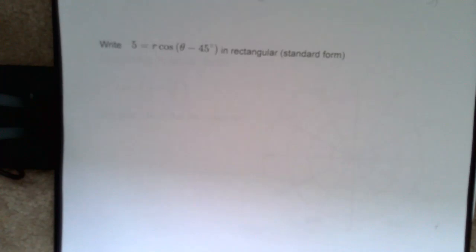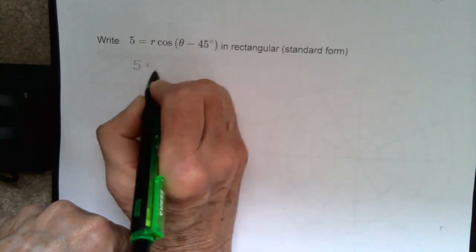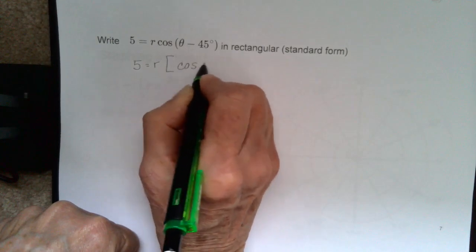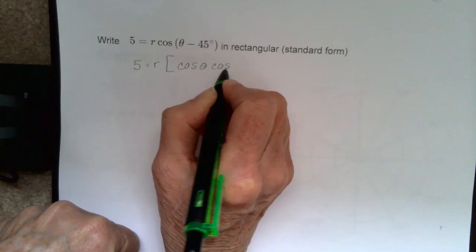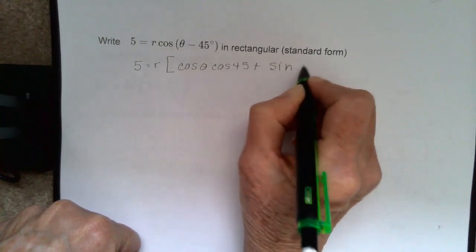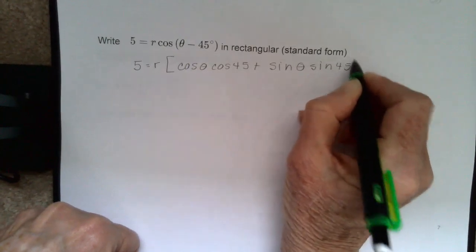Okay, let's do another one. Again, you're working it out using sum and difference. So 5 is equal to, r is on the outside right now, cosine of theta, cosine of 45, plus sine of theta, sine of 45.